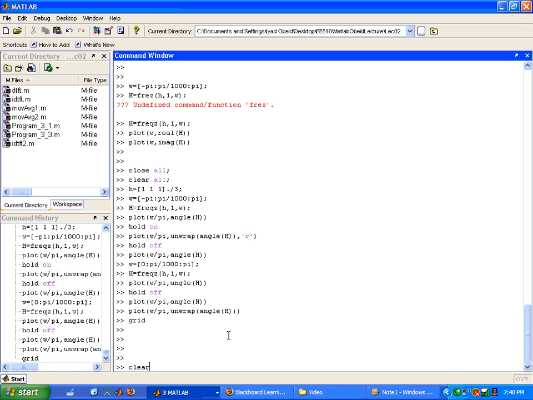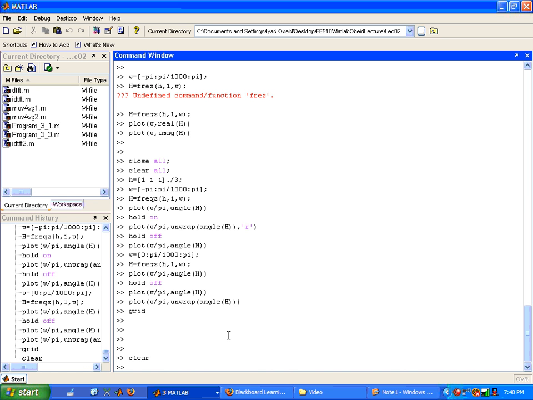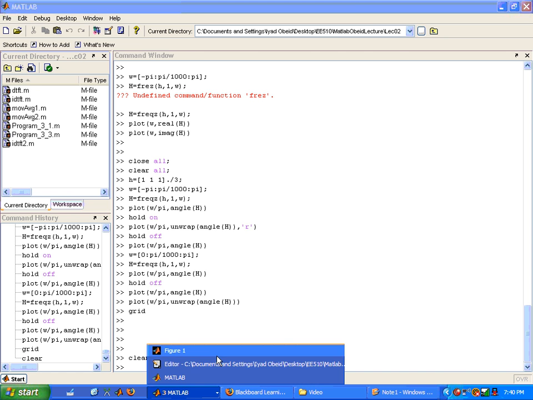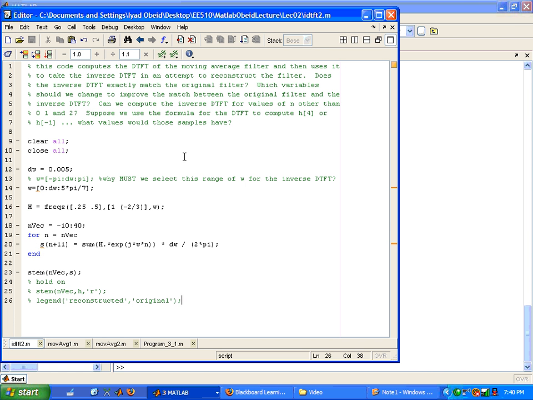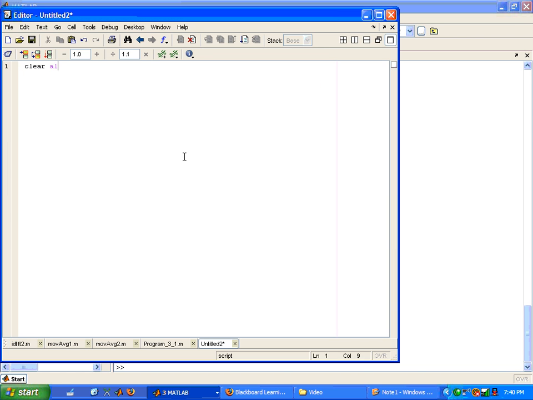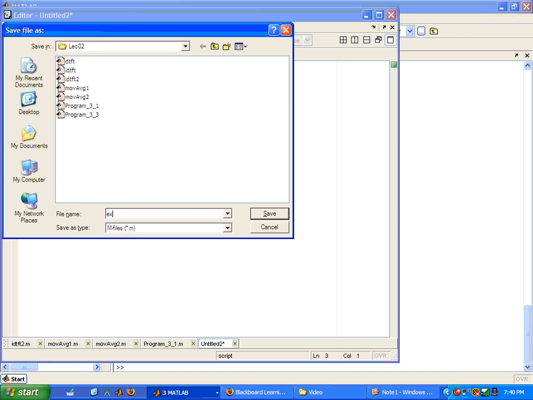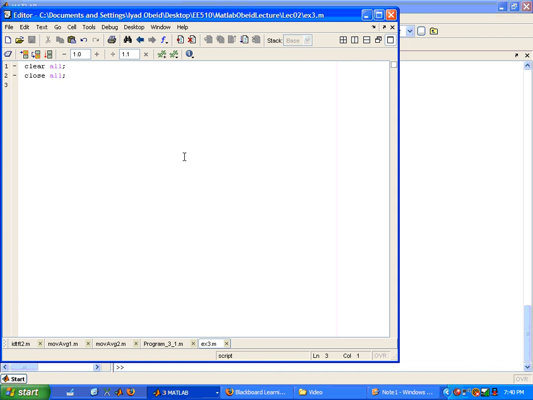I want to go back to the following example I think I was looking at earlier. I'm just going to create a new version of it, saved as example 3. Let's say I'm going to define a new filter, which we'll call 1, 2, 1.